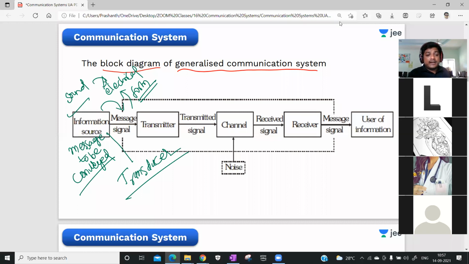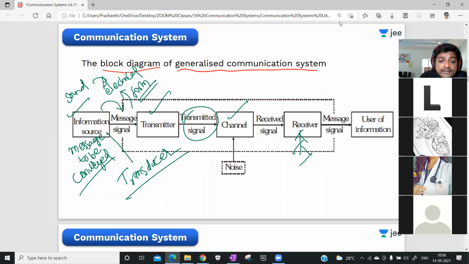That's why we are using a transducer. By using a transducer, we are converting the information into a message signal, which is fed to a transmitter. Through the transmitter, the signal is sent into the atmosphere, into space, in the form of a transmitted signal, and this signal propagates through a channel. By propagating through the channel, it reaches the receiver.